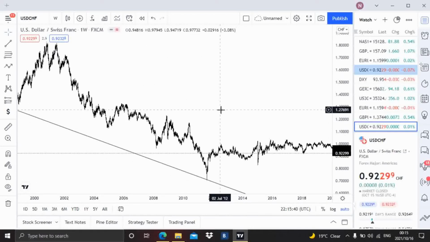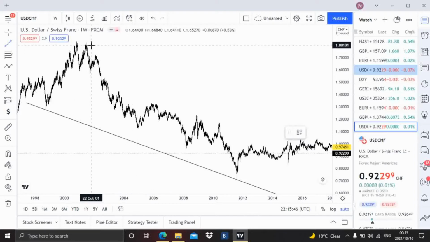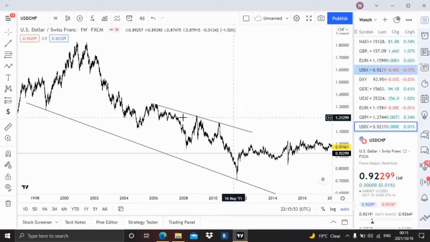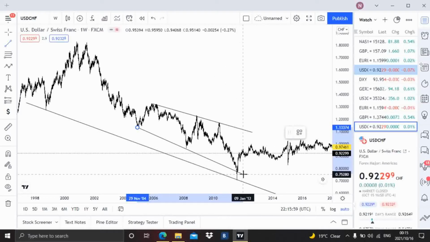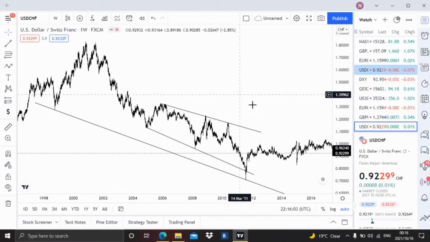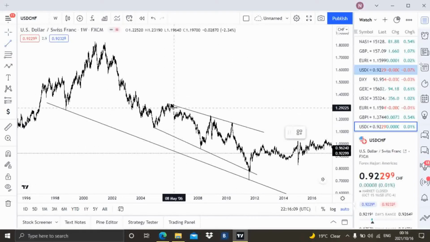Okay, so this here is a perfect example of how this strategy works. As you can see here, we have this trend line here. And another thing, guys, a valid trend line doesn't go through candles, so this is not a trend line.